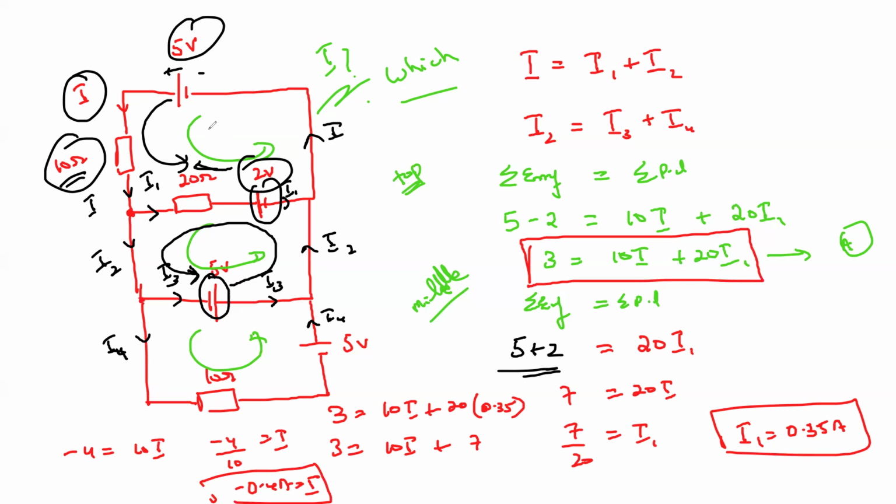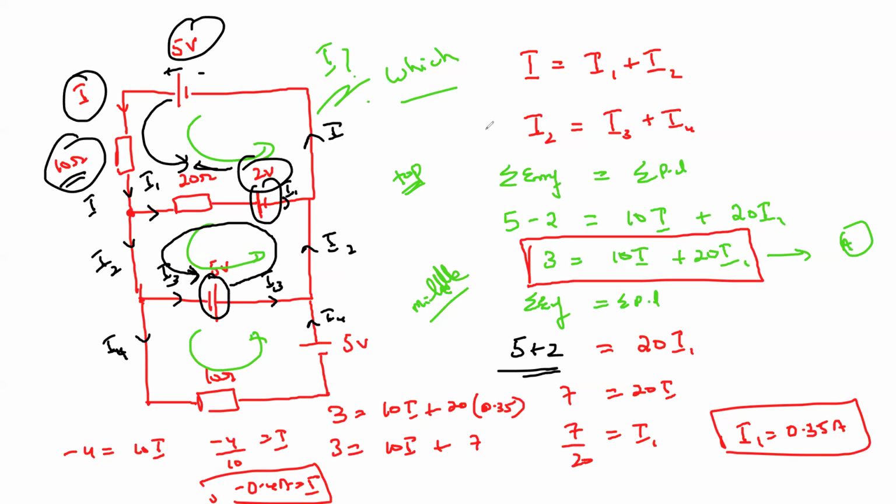What does it indicate if we get a negative value here? The negative value indicates that the direction of I is opposite to the direction given in the question, like we took it in the opposite direction.